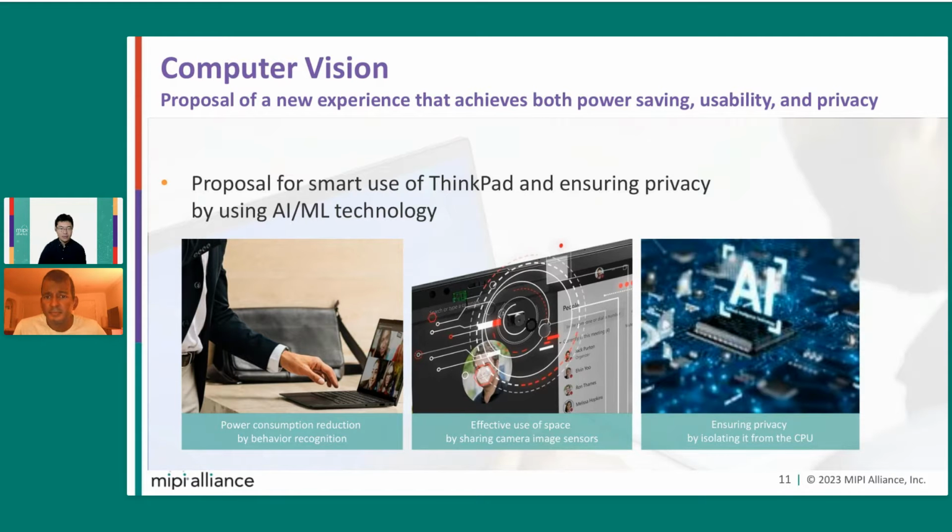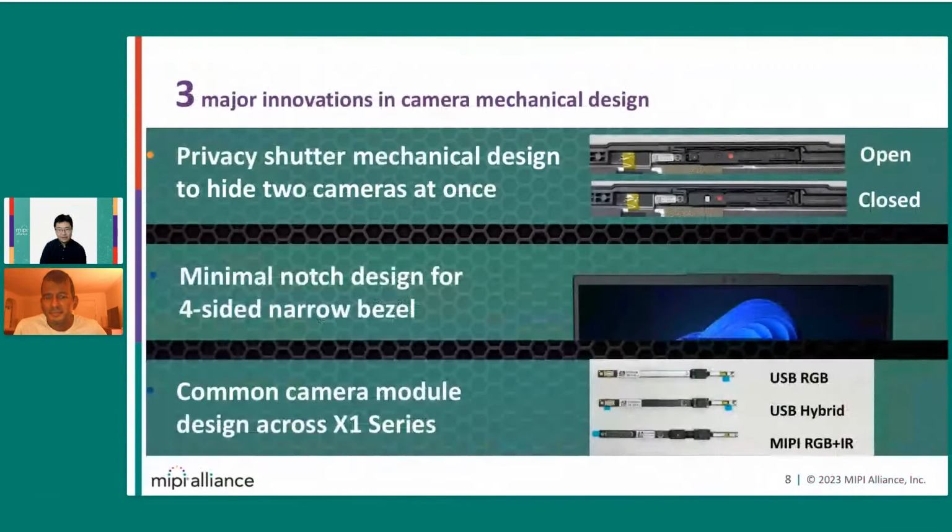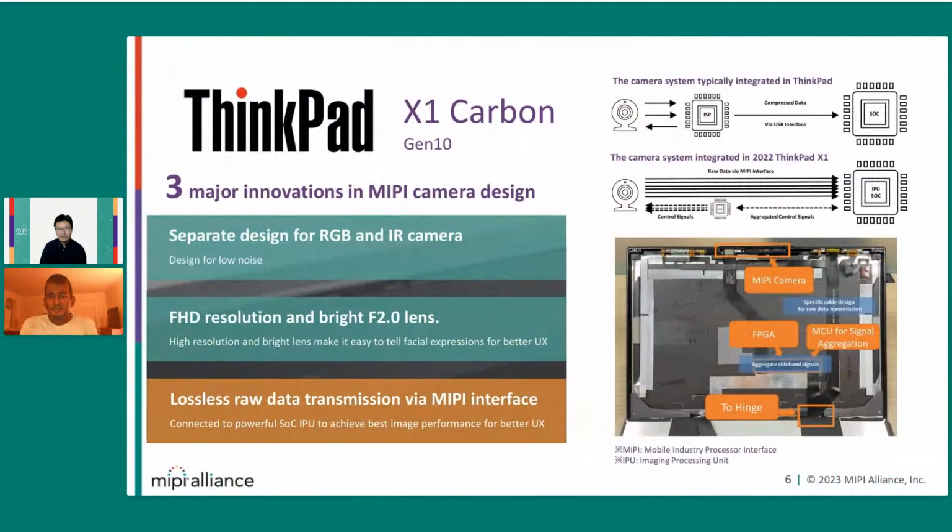As mentioned, let's move back to the page. I think it's page 6. So here you can see that we do the signal aggregation. That means that for the system we only have a USB interface, and from our mid board you can see that we aggregate all the sideband signals, and that's why you can see a very narrow cable to the system.